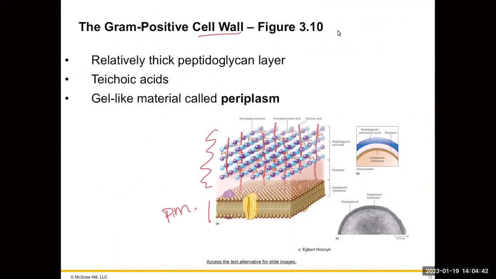They have something called periplasm, the stuff in between, kind of like cytoplasm. They also have teichoic acids, which are a place where things can hook on. Here is a cross section: the inside of the cell, the plasma membrane, the periplasm, which is kind of a space with some stuff in it, and then the cell wall.